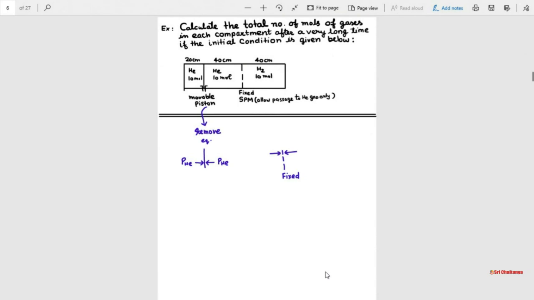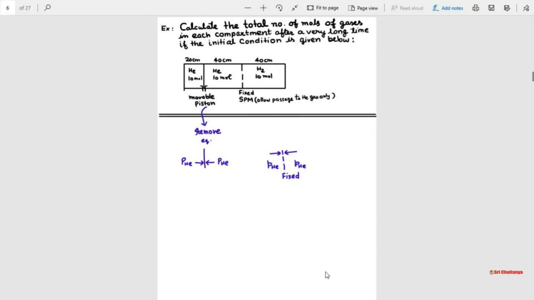But here, if a gas can pass from one container to another container, here helium can pass, so I can say that the partial pressure of helium on the left hand side and the partial pressure of helium on the right hand side of this fixed semi-permeable membrane will be equal when diffusion stops.